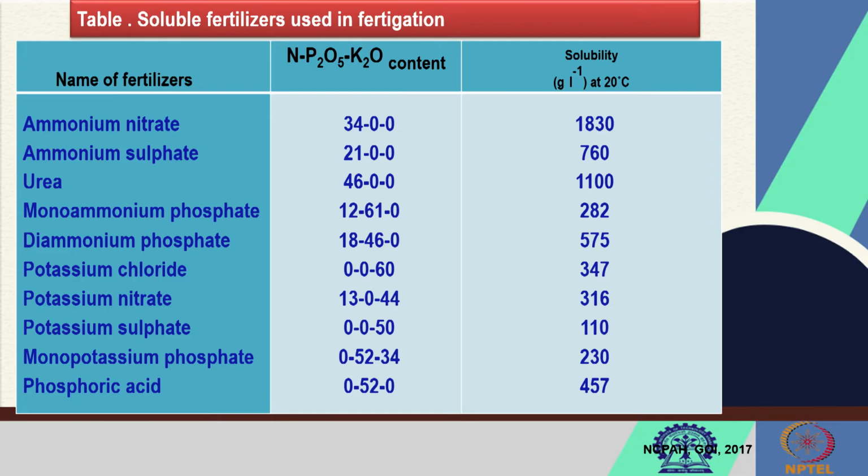Ammonium sulphate has 21% nitrogen and a solubility of 760. Urea has 46% nitrogen and 1100 gram per liter solubility. Monoammonium phosphate 12-61-0 and 282, and you can see other fertilizers also, like diammonium phosphate, which has 18% nitrogen and 46% P2O5 and 575 gram per liter solubility.